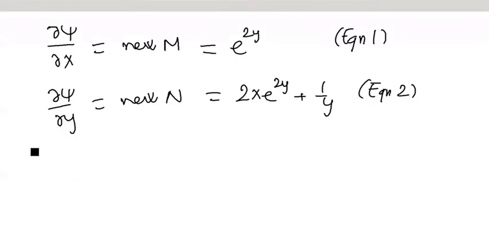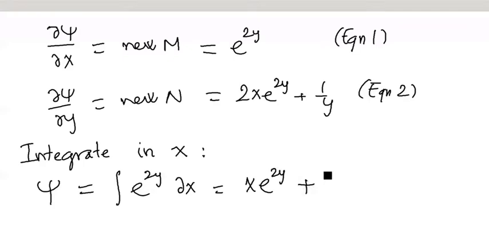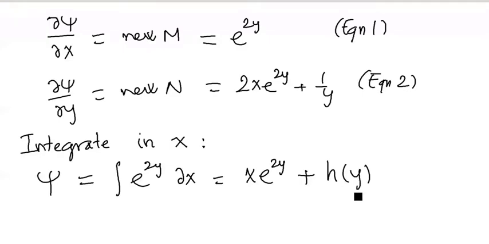As before, from equation 1, we integrate in x. We get psi equal to the integral of e to the 2y with respect to x. We keep y as a constant in this case. So we get x e to the 2y plus a constant in x, which means a function of y, h of y.